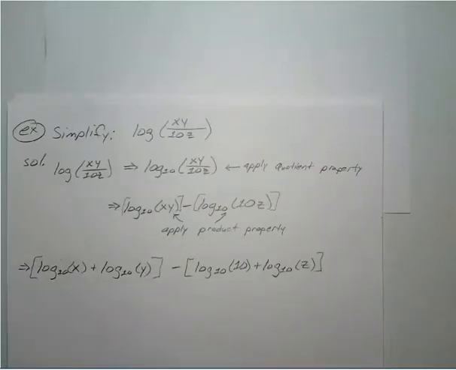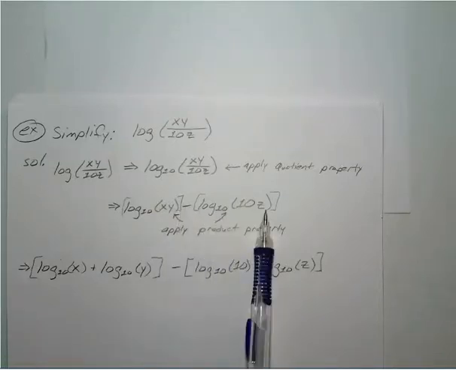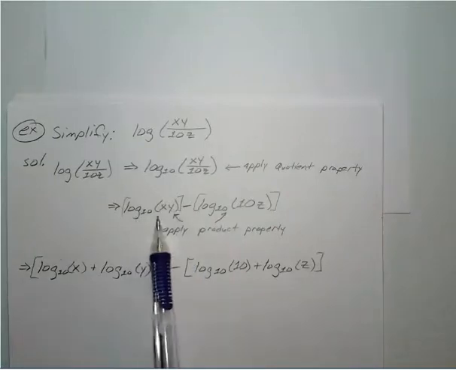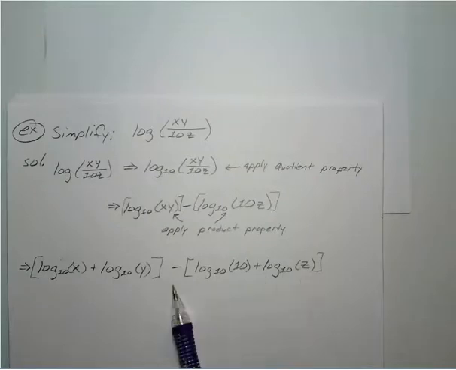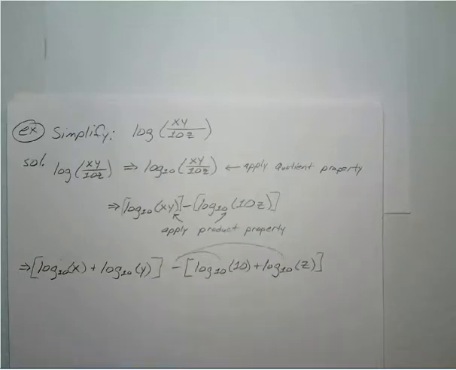The reason I point this out is that the easy mistake to make, if you don't realize this minus sign applies to this whole thing, is to say log base 10 of x plus log base 10 of y minus, without the parentheses, log base 10 of 10 plus log base 10 of z. If you don't have those brackets or parentheses there, you forget that you have to distribute that minus. This minus applies to this, and this is the same as both of those.